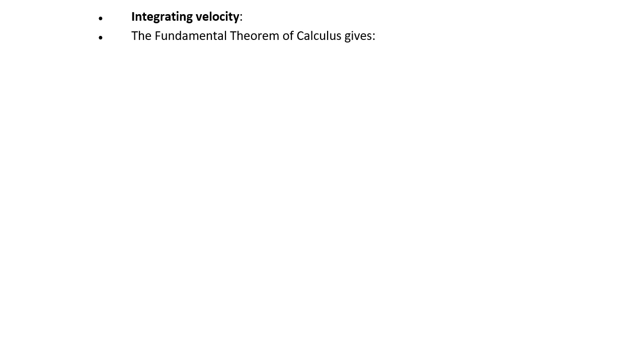Now, integrating velocity, the fundamental theorem of calculus says x1 minus x0, the displacement, is equal to the integral from t0 to t1 of v dt, where t0 is the initial time and t1 the final time. Integrate the velocity function and you get displacement. Basically you are finding the area under the velocity time graph.